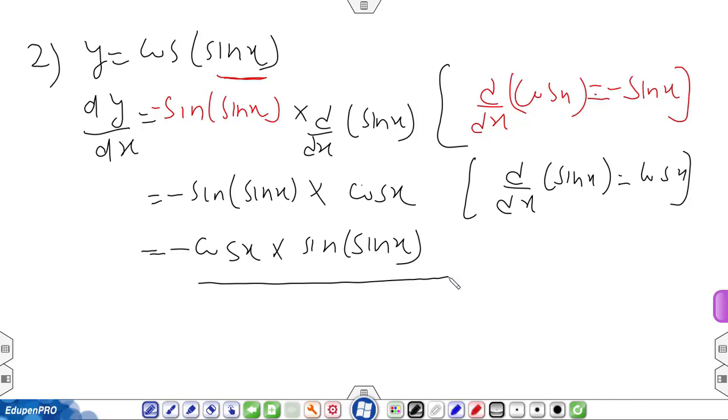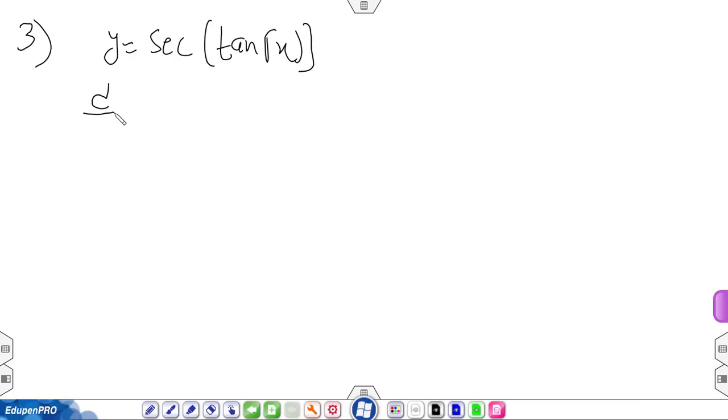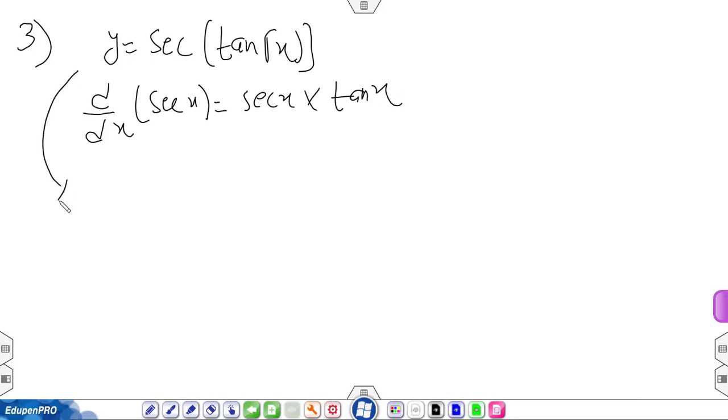Now the third question. Our third question is y equals secant of tan root x. We know that the derivative of secant x is secant x into tan x. We will apply it here.